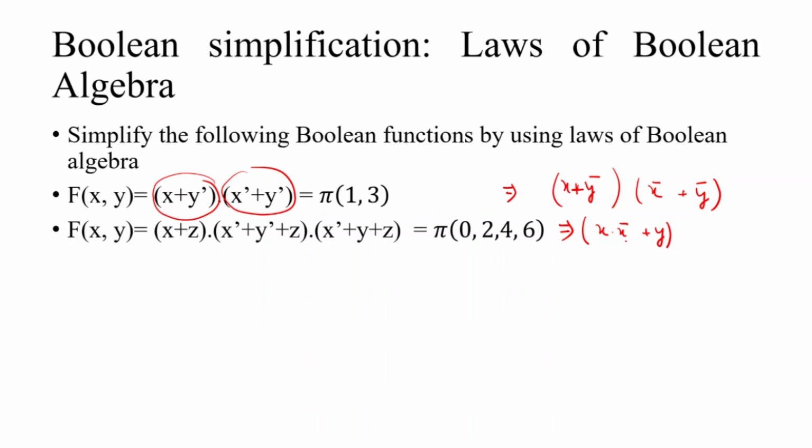Because when we apply the distributive law here, this is written as x plus y complement, dot, x complement plus y complement. And here we know that x times x complement is equal to 0, so it is 0 plus y complement. This means this is equal to y complement. The same function.